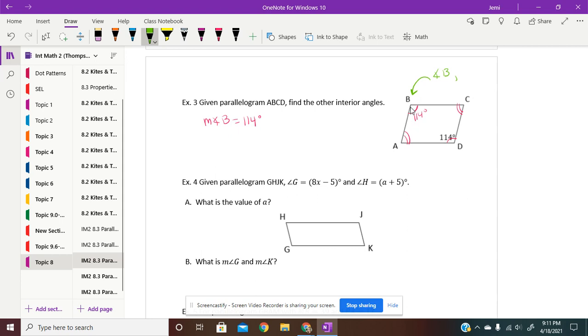This angle stretches to A and it stretches to C. So I could also name this angle ABC, because as I trace that, I form that angle of 114 degrees. So angle ABC. And it could go the other way: angle CBA.